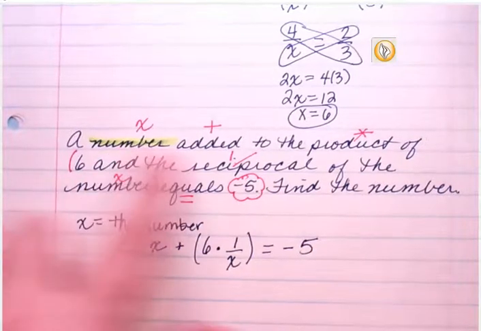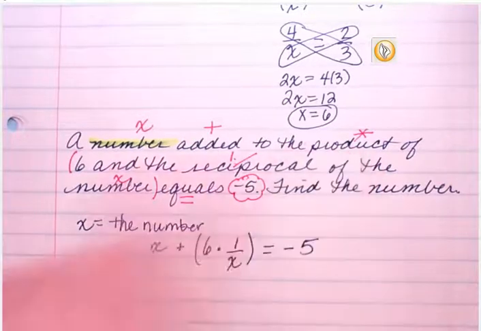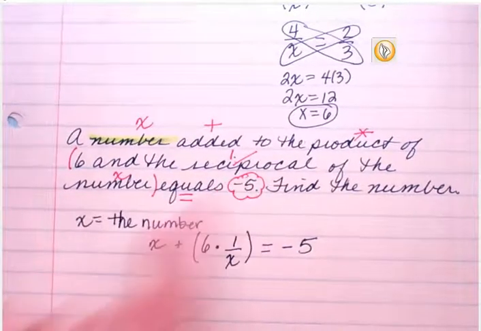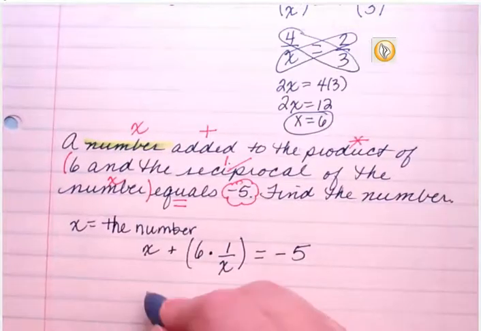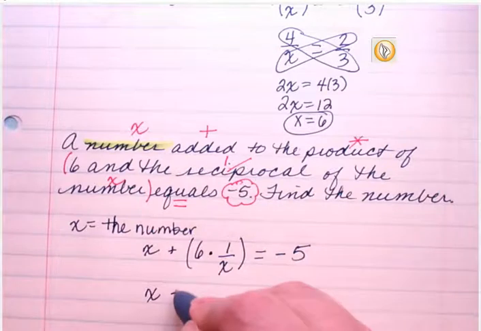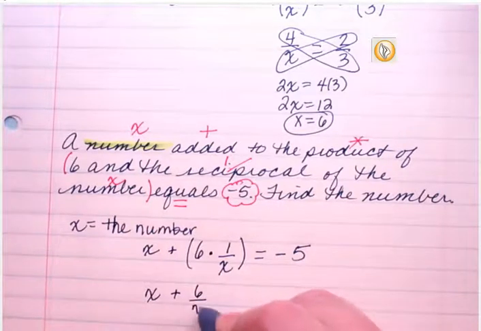A number added to the product of 6 and the reciprocal of the number is -5. And now we're solving a rational equation like we did in class last time.